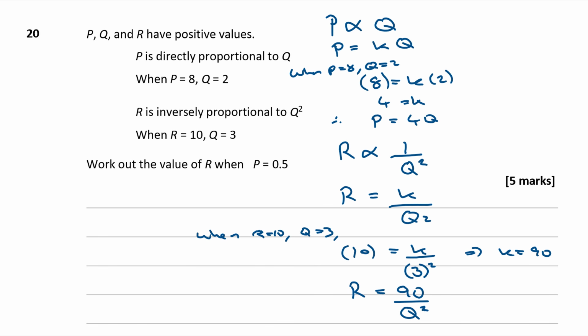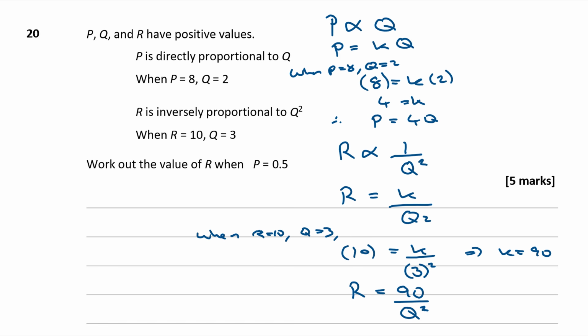We've got an equation for P in terms of Q, and we've got an equation for R in terms of Q. What we want is an equation for R in terms of P. So we kind of need to sub one inside the other.